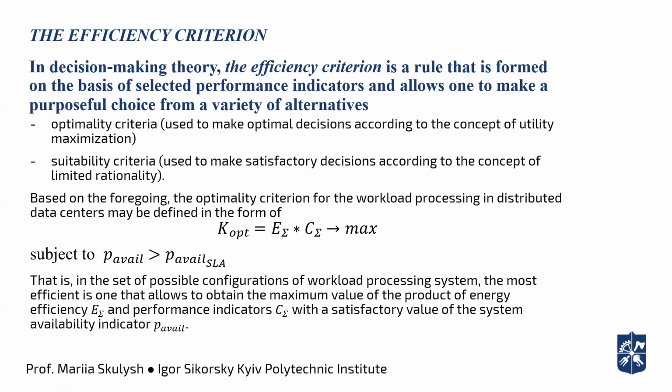What does it mean? It means that when we talk about a high-loaded system, when we talk about an energy efficient system, we always have to find the best solution exactly for this system. And how to find this solution?